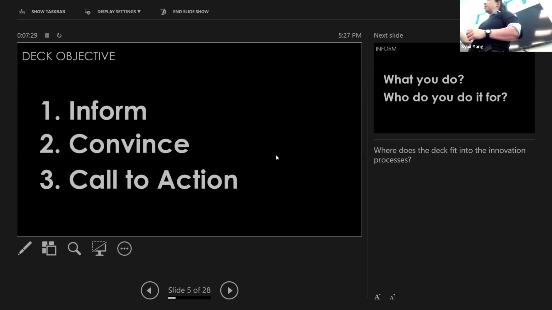On the inform part, you're also trying to inform them that this problem is worthy of solving, meaning that it's interesting enough, big enough, and juicy enough from a market perspective that it's going to be worth people's while for you to solve it, either from a monetary standpoint, an ethical standpoint, or whatever. You have to convince people not only that the problem exists, but that the problem is worth solving.